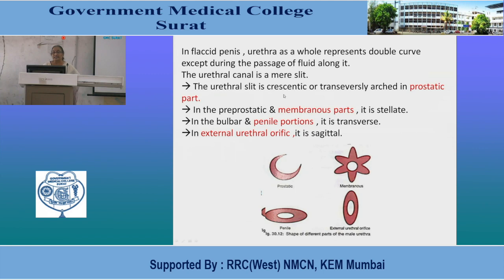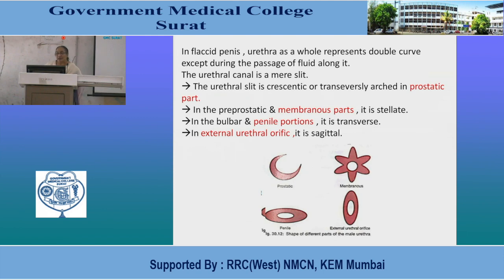The urethral slit is crescentic as it traverses the prostatic part. So this is the prostatic part. Then the membranous part, second, third is the penile part, and last, fourth, the right lower zone, is the external urethral orifice. If traversed through the prostatic part, the slit is crescentic or transversely arched, while through the pre-prostatic and the membranous part, it is stellate-like, as in the number 2 diagram.